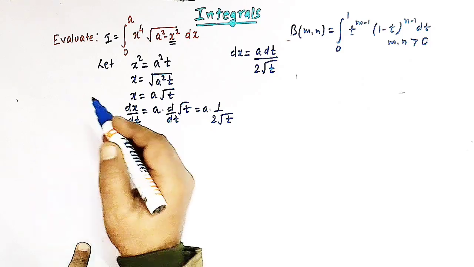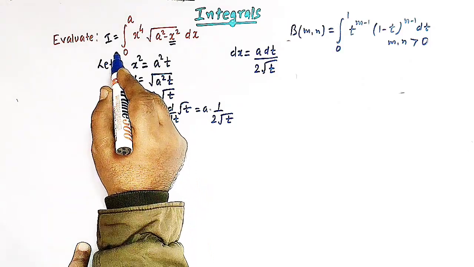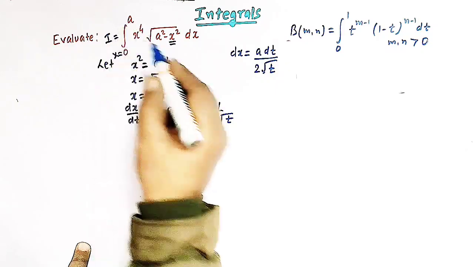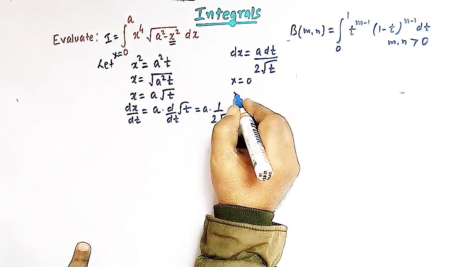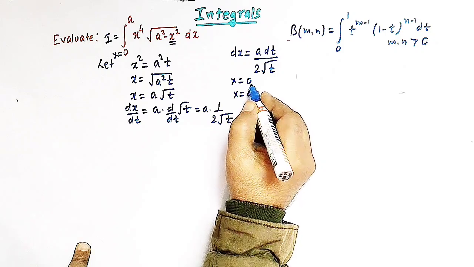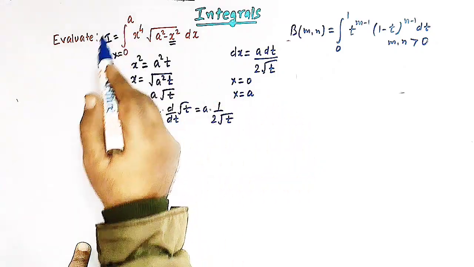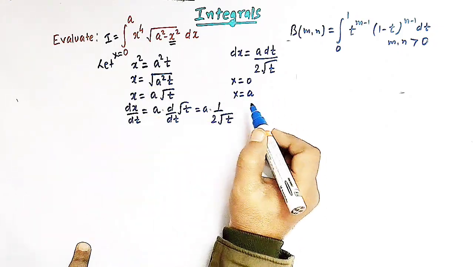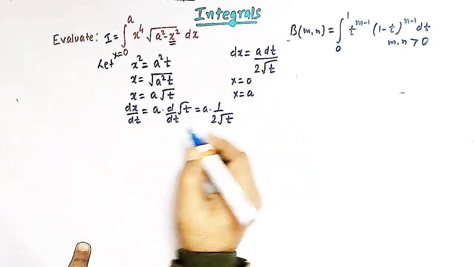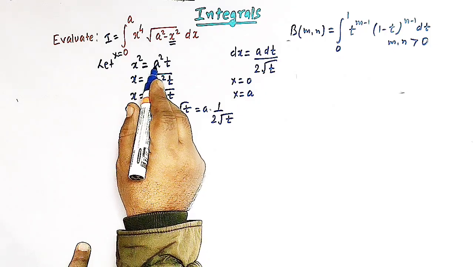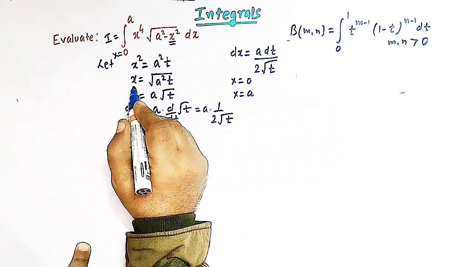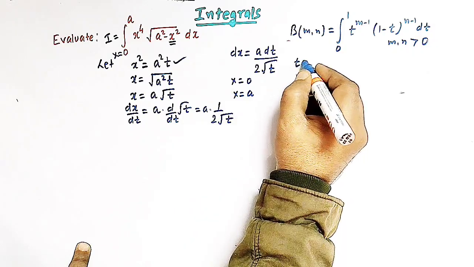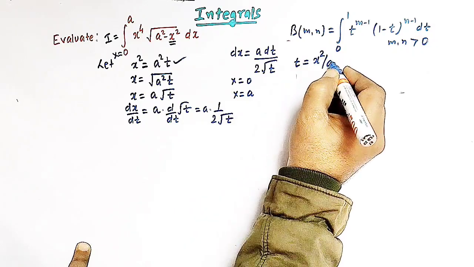Now let us change the limits. Here the limits of integration vary from x equal to 0 to x equal to a, with 0 as the lower limit and a as the upper limit. When x is equal to 0, we can find the value of t from the expression t is x square over a square.